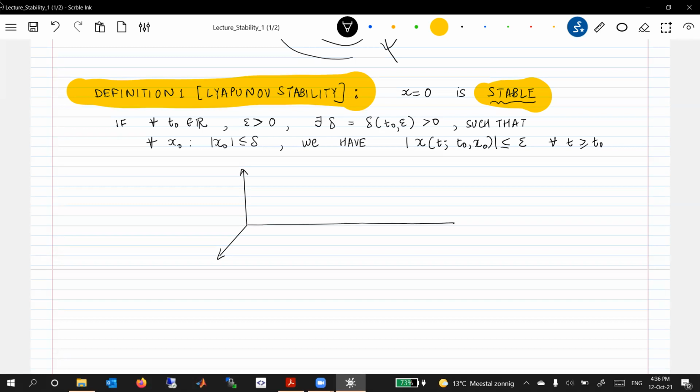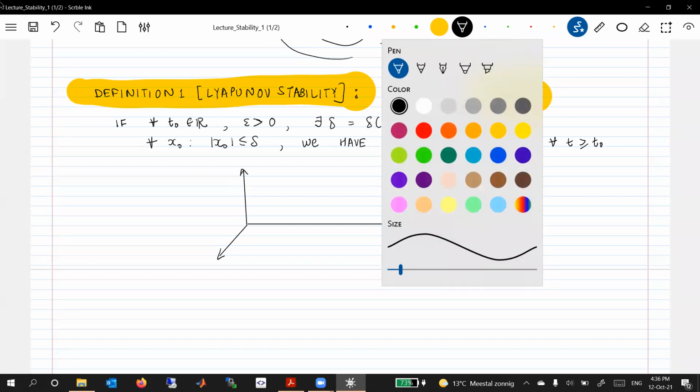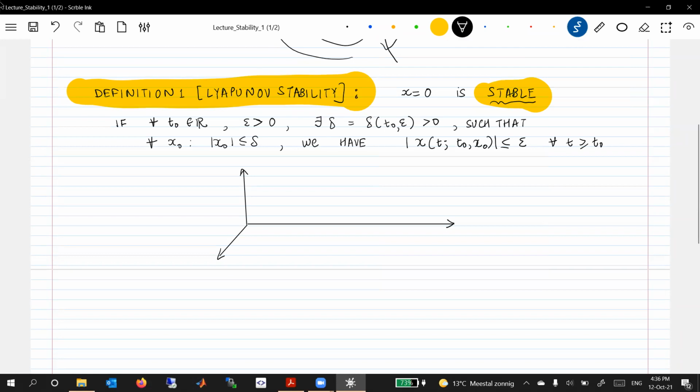And on this axis, I assume that we have time, t, and here is the initial time, t naught. And on this plane, we have the phase space, say x1 and x2, so on up to xn.